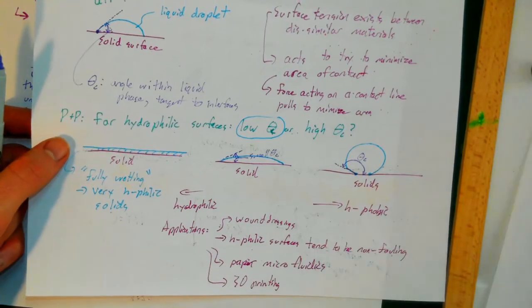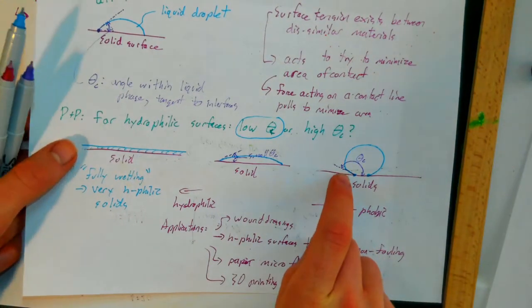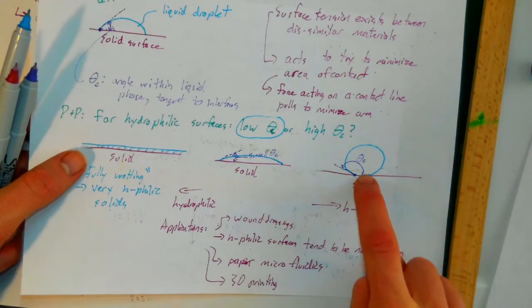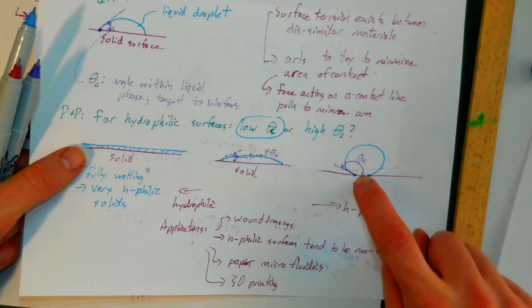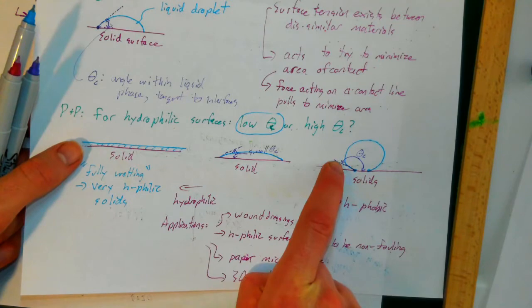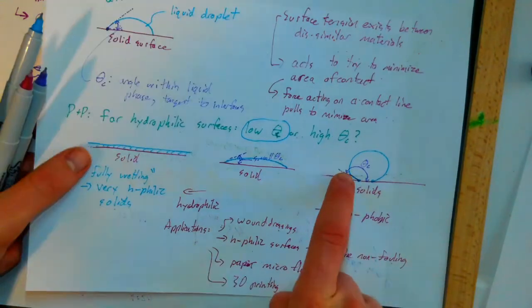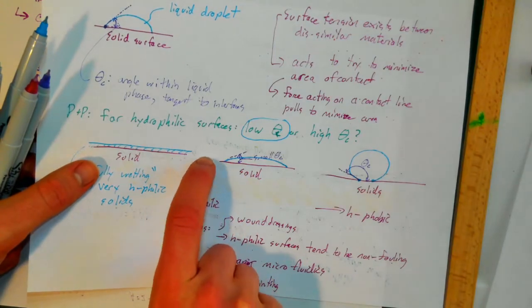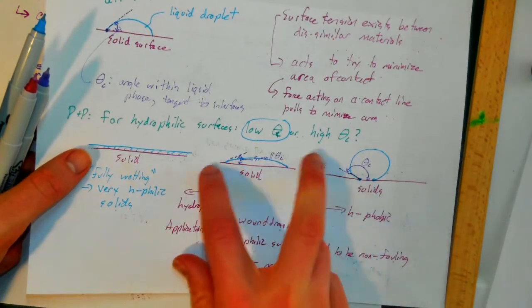And basically, measuring the contact angle tells you whether this surface tension is so big that we need this surface tension on this side to balance it out this way, or whether this surface tension is so big that we need these two to balance it out.